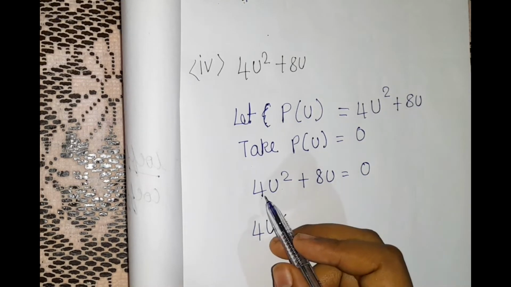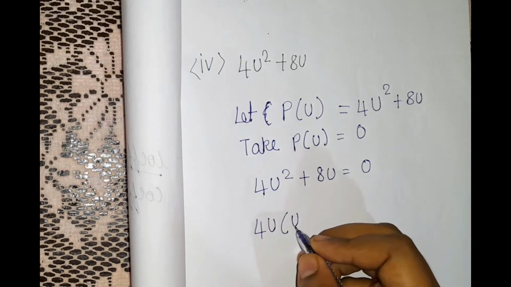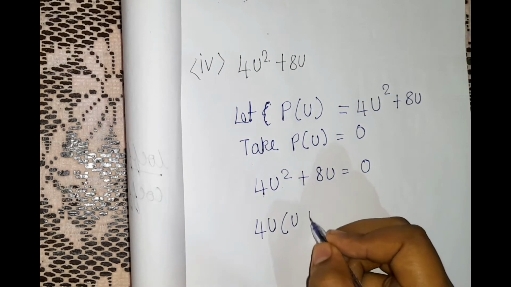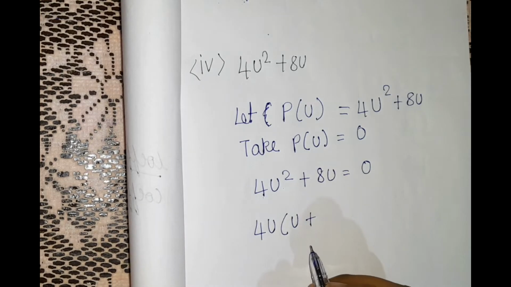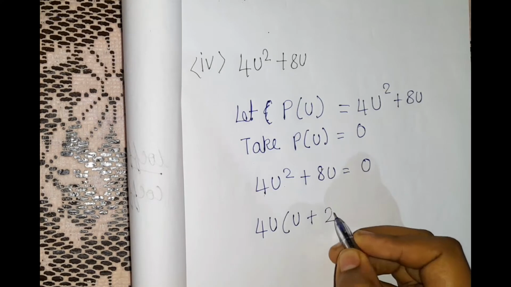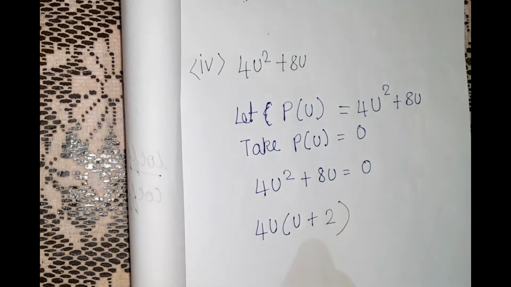So first we should get the 4u square. 4u into u is 4u square. We got it, and then we write the plus as it is. Now here we have 8. As you know, 4 twos are 8, so let us write 2 over here. We don't need to write u because we have u outside. Now let's close the bracket.